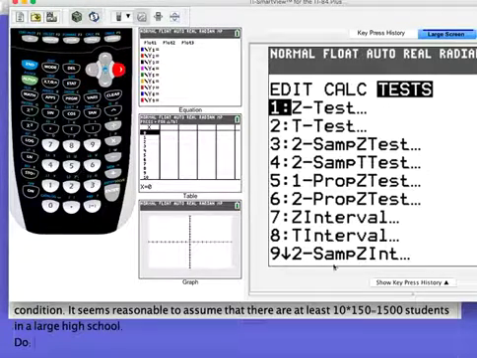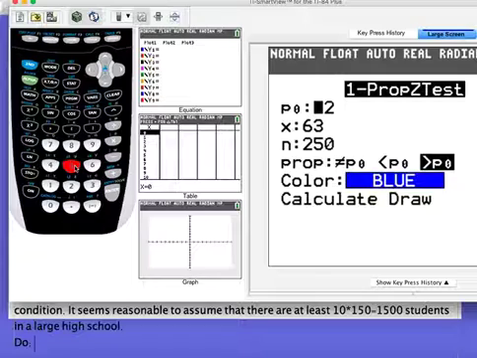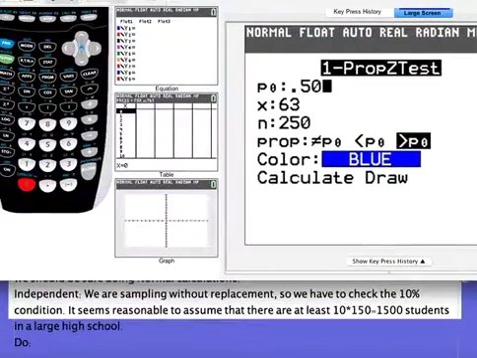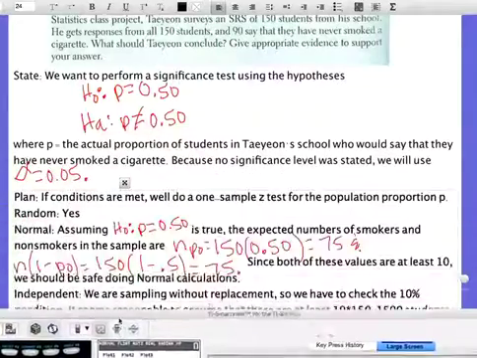You're going to go to one prop Z test, so 5. Your P0 is going to be equal to 0.50. That came from our problem. The X is the number of people that said that they were smokers.